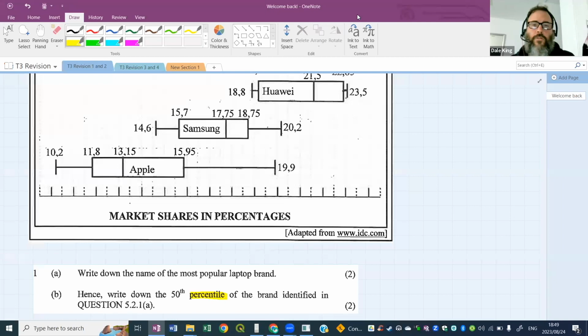What do they mean by the 50th percentile? Any matrix out there? What do they mean by the 50th percentile? Oh, it's crickets. Nobody. No one.